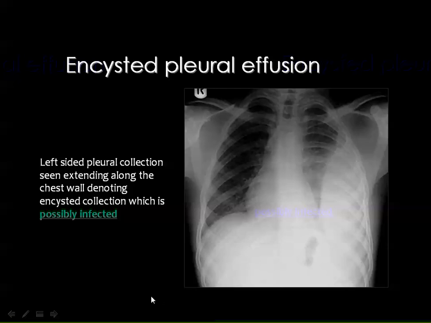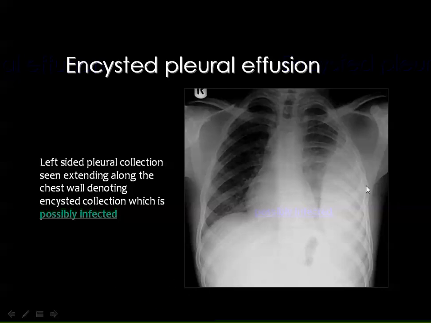But if you see this lamellar effusion in an adult, then you should suspect that this effusion is encysted. And whenever you suspect an encysted effusion, except in the minor fissure, you should also suspect the possibility of it being secondarily infected.